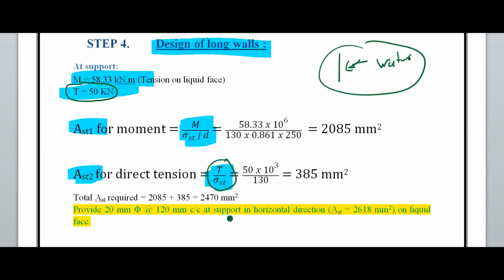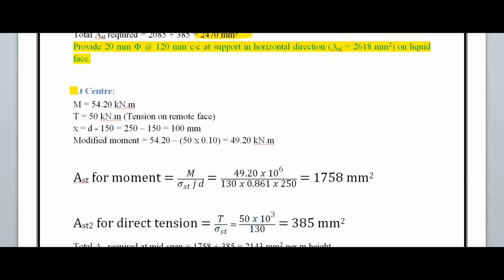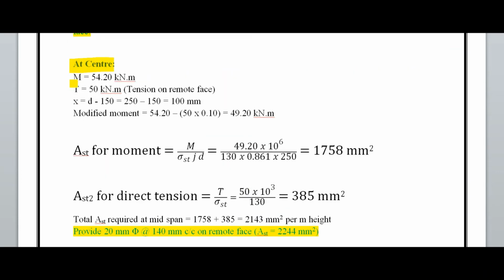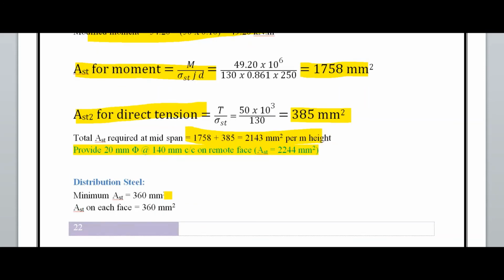The summation of AST1 and AST2 gives the total AST, and after the total AST we provide 20 mm dia at 220 mm center to center. Same at the center: same moment, modified moment, then AST1 and AST2, the summation of both values, and then we will complete the design.